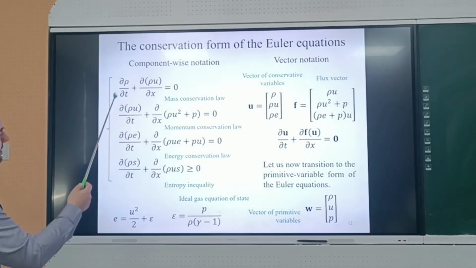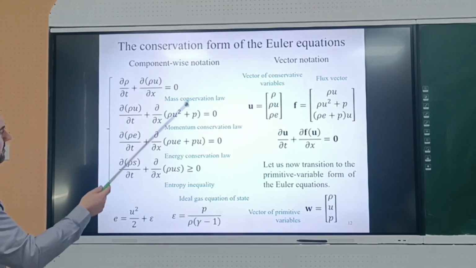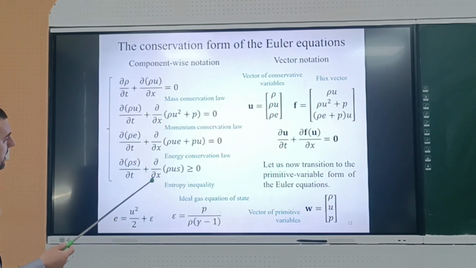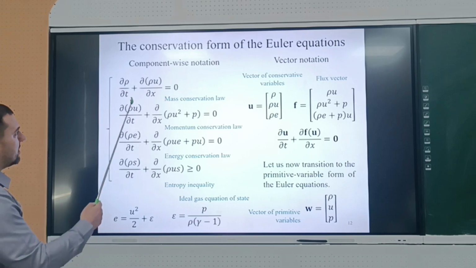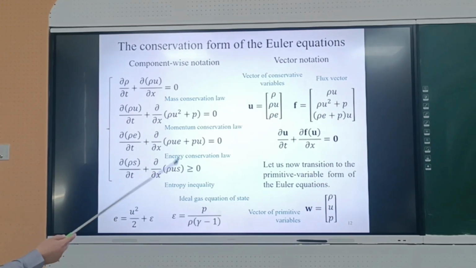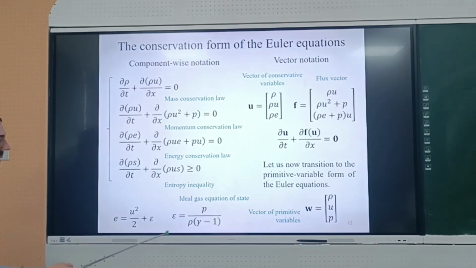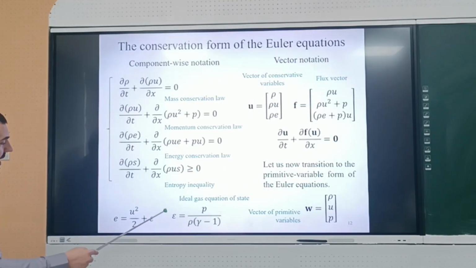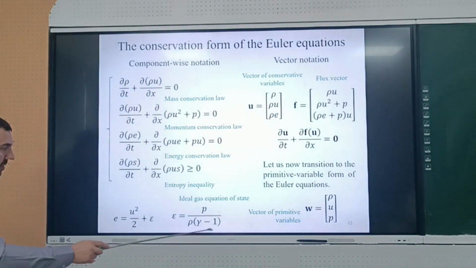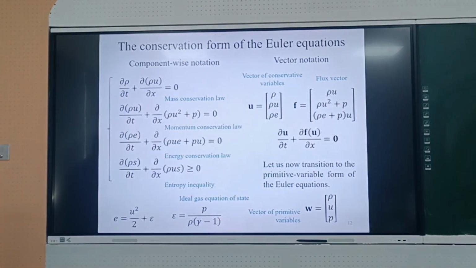This is the most suitable for numerical solution, and if you open the papers, you will most often see this form for the Euler equations: mass conservation law, momentum conservation law, energy conservation law, entropy inequality, and we should specify the equation of state for epsilon, because the total energy is the kinetic term plus the internal energy term. And once again, we work with the ideal gas equation of state only.